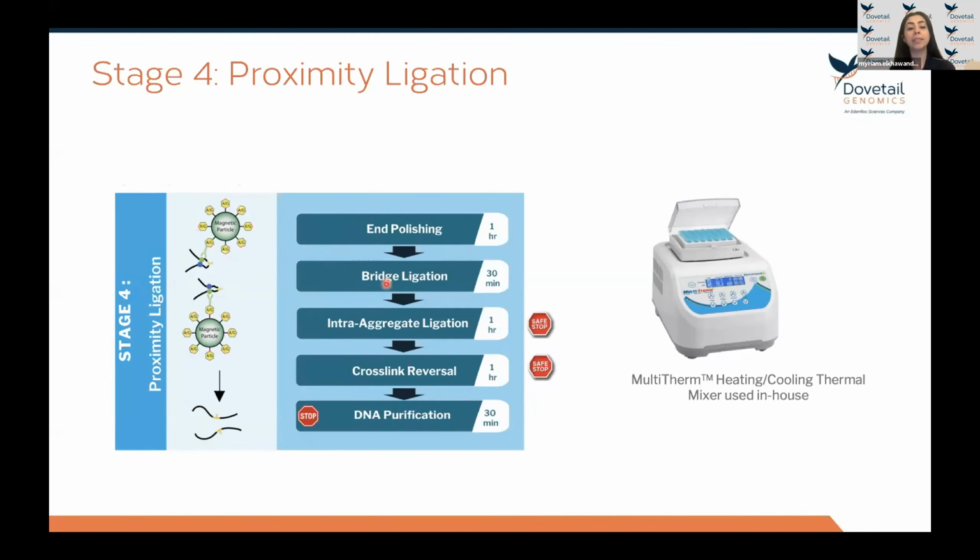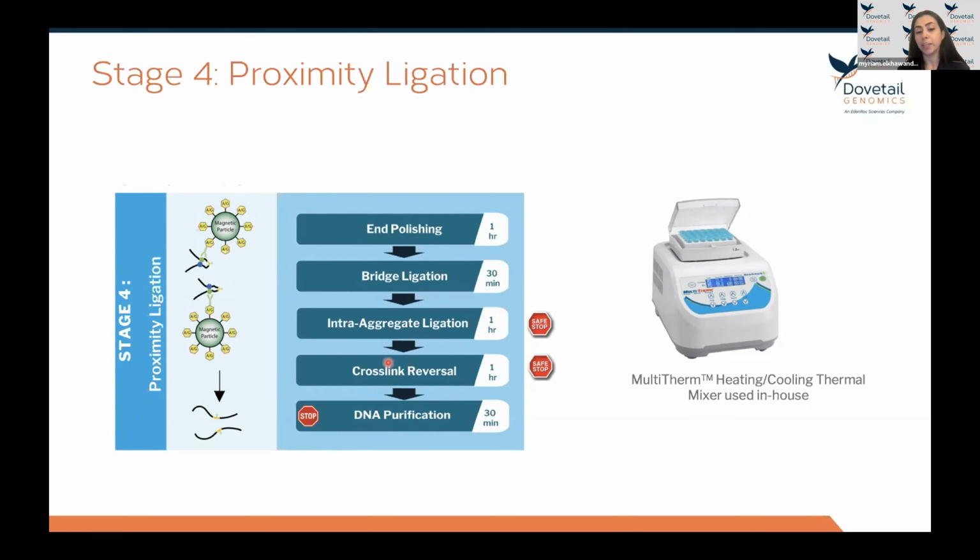You will then add a custom-made biotin-tagged bridge or adapter to those repaired ends. Then the fragments that were co-localized in 3D space are going to be ligated to each other through the bridge. And here's where you're going to generate the proximity-ligated chimeric DNA molecules. After ligation, you're going to reverse the crosslinks, degrade the proteins, and purify the DNA with a bead cleanup.